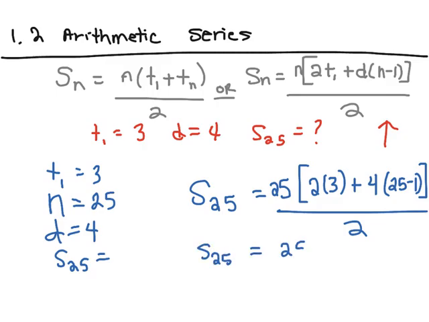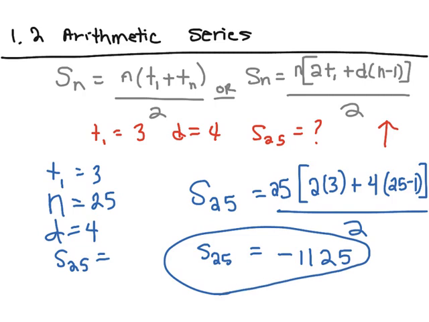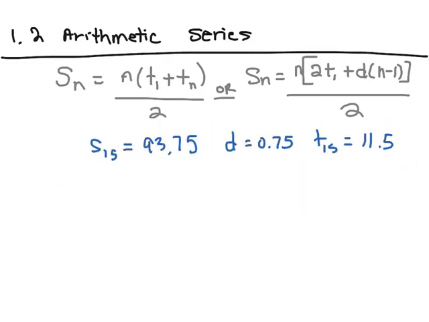Let's just go right to the answer. If you type this all into your calculator, you should get negative 1125. So the sum of the series at 25 is negative 1125.